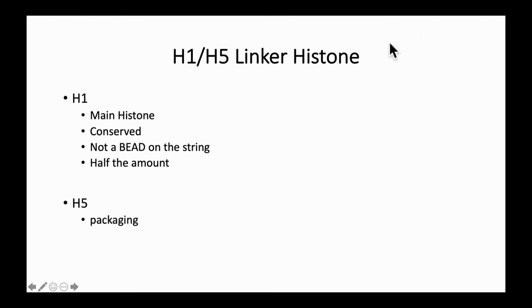All right, so remember, we had core histones and linker histones. So far, we've only described the core histones, H2A, H2B, H3, and H4. Those are all core histones. Now we're going to be talking about the linker histones, and the most prevalent of them is H1. H1 is one of the 5 main histone proteins, which are components of chromatin in eukaryotic cells.